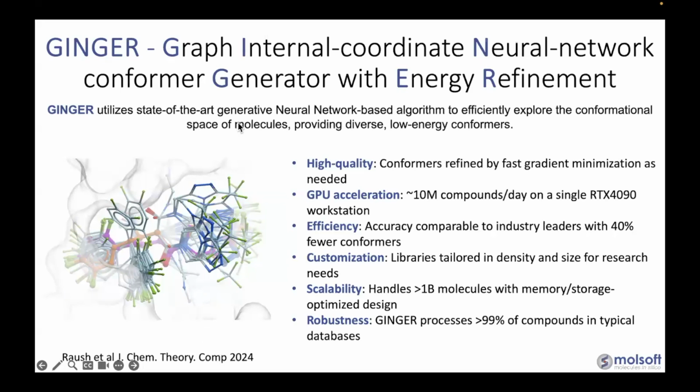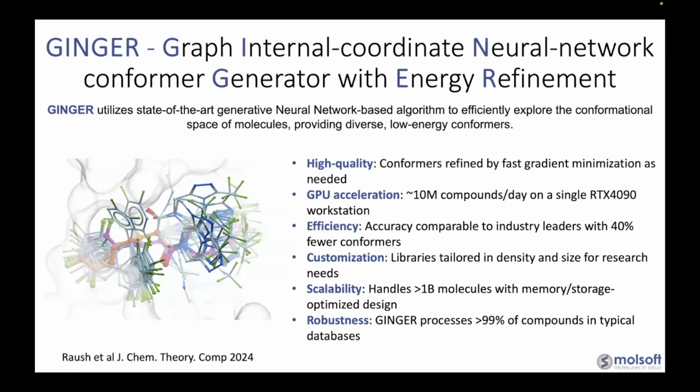It's a cutting edge tool that uses state-of-the-art generative neural network-based algorithms, and it efficiently explores the conformational space of molecules, delivering diverse and low energy conformers. The conformers undergo fast gradient local force field energy minimization, which ensures accuracy.